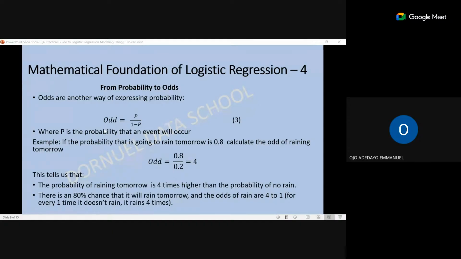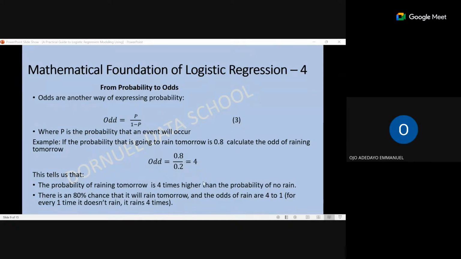And remember, the probability of success plus the probability of failure is equal to 1. So by the time I have P divided by 1 minus P, I'm going to have 4 here. This tells us that the probability of raining tomorrow is 4 times higher than the probability of no rain. What is the meaning of this in layman's language? There is an 80% chance that it will rain tomorrow, and the odds of rain is 4 to 1.